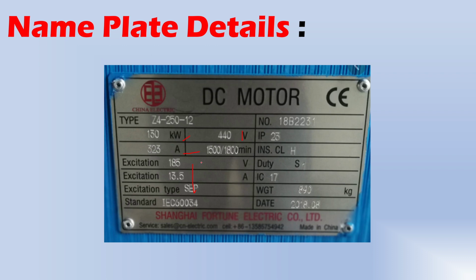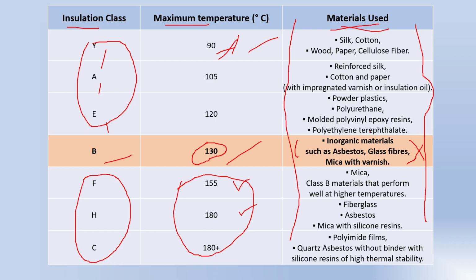The important thing is that the insulation class here is H. The insulation class should be mentioned on the nameplate of all equipment you select for your project or your home. Depending on where the equipment is placed, the insulation class should be selected by the electrical engineer.